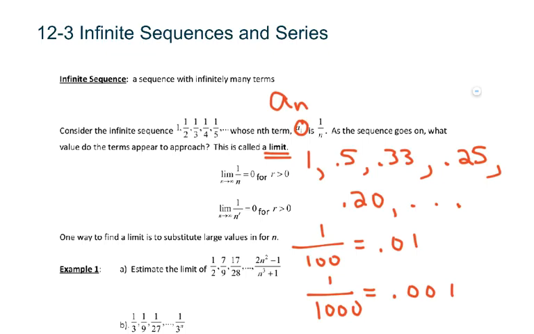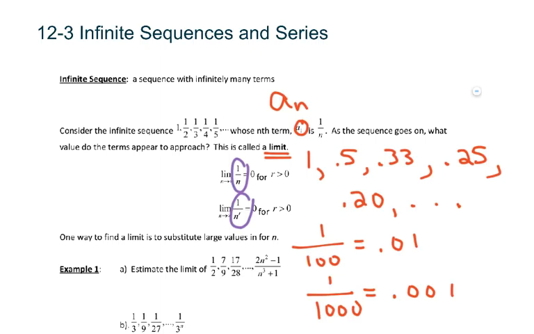Anytime we want to find the limit as n goes to infinity, in other words, as n gets bigger and bigger and bigger, of an expression like 1 over n, or 1 over n to the r power, if the denominator of a fraction keeps getting bigger and bigger, the fraction as a whole gets smaller and smaller, as we showed in this introductory example.